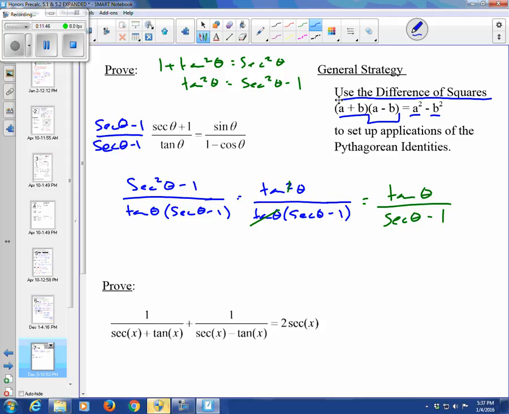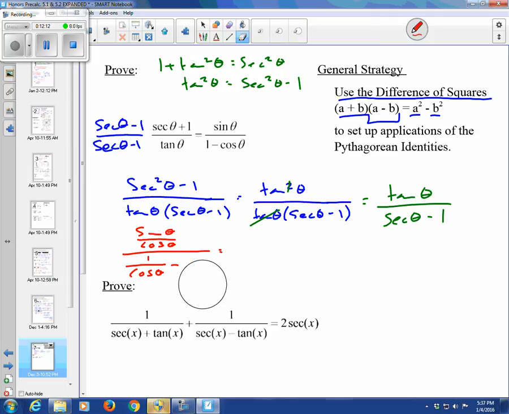So in my next series of steps, I can change tan to sine of theta over cosine theta, and that's over 1 over cosine theta minus 1. Now right here I can get common denominators by changing 1 to cosine over cosine.